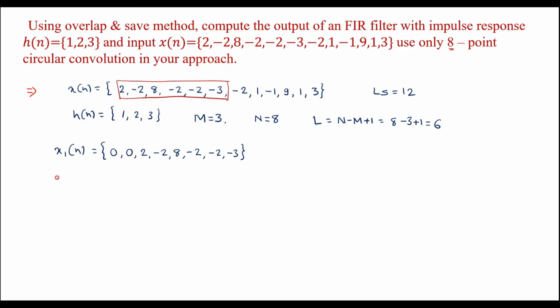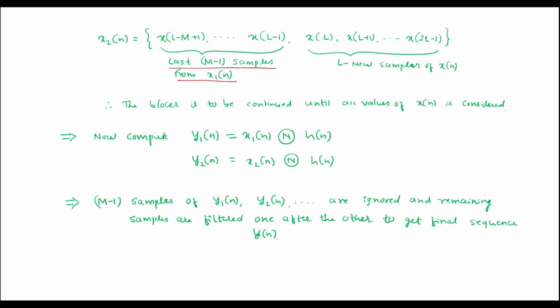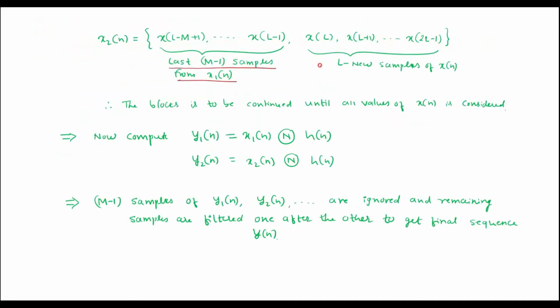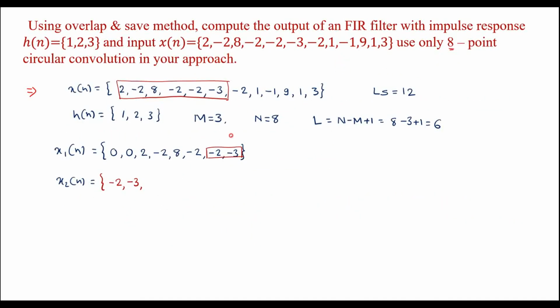Similarly, now we'll write x2 of n. So x2 of n consists of the last m minus 1 samples from x1 of n. Here m is equal to 3, so the last m minus 1 samples means minus 2 and minus 3, followed by L new samples of x of n, that is 6 new samples.